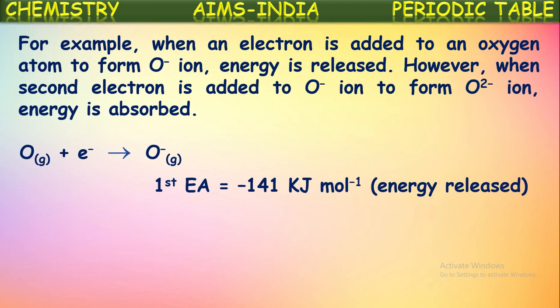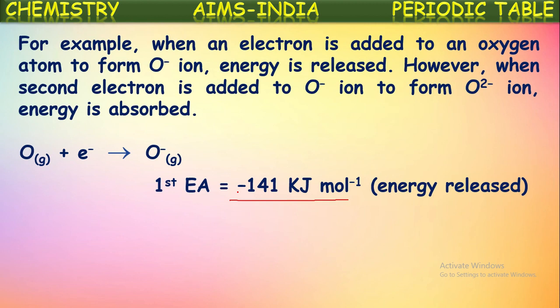That can be represented equationally like this. See, the first electron affinity is represented like this. An oxygen atom is added with one electron and forms O minus ion. There, a certain amount of energy is released. That released energy is represented with a negative symbol. That is an exothermic reaction.